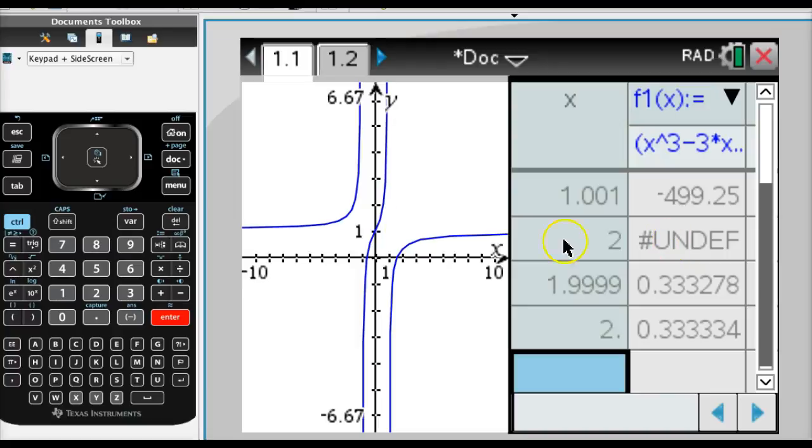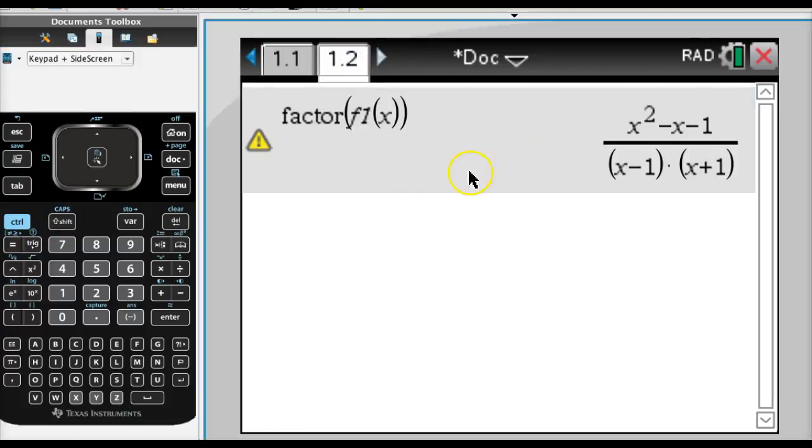However, there is a hole in the graph because that value did get removed. How do we find the exact value? Sometimes you can just look at the table and figure it out, but the real way to find the exact value is by going here and saying, okay, I want to take this function. Now here's a slick feature of the calculator.